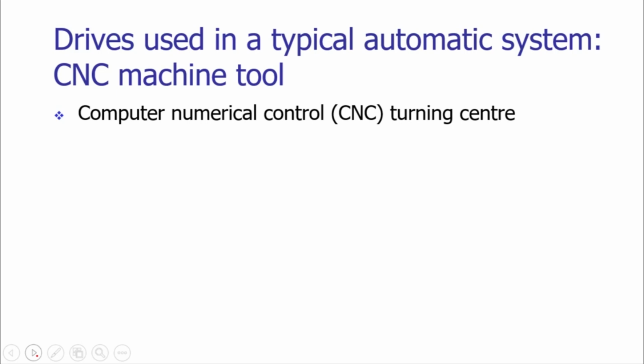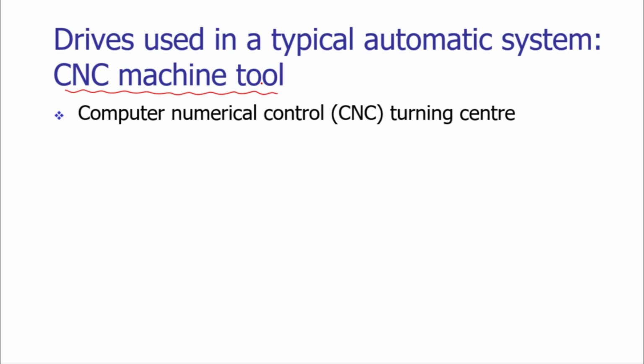Let us move ahead and look at where exactly we need the drives in a typical automatic system. As I mentioned previously, the CNC machine tool is the best example to study the utilization of drives in an automatic system.